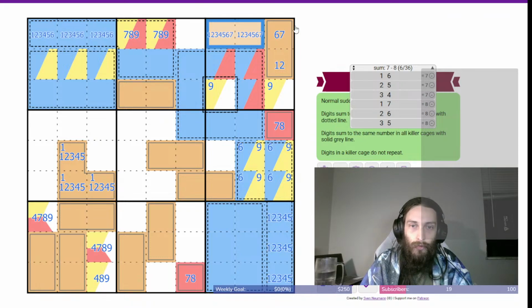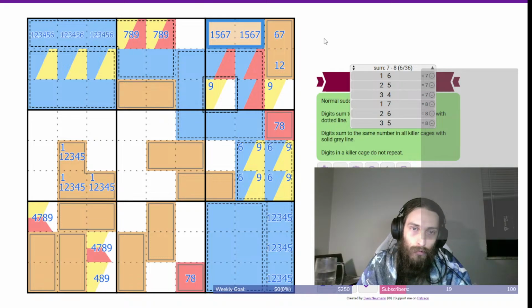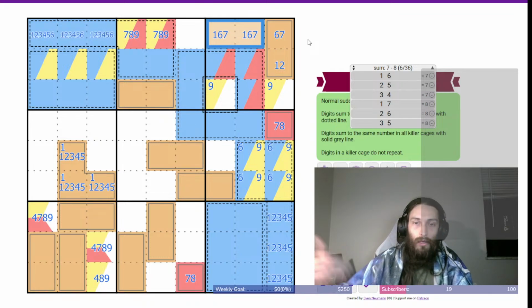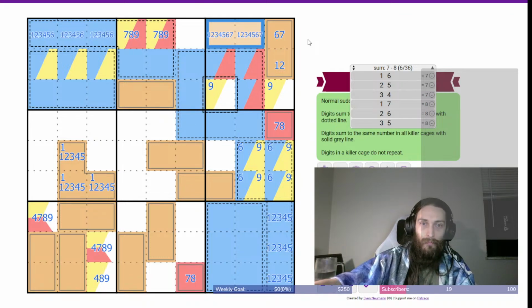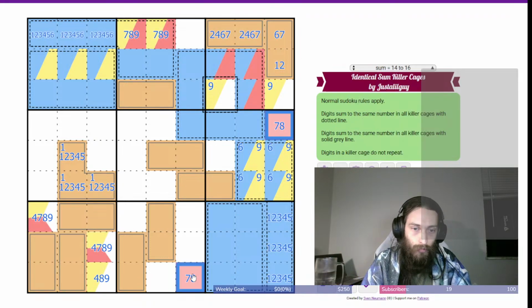So it cannot be 1, 6, and 2, 6 automatically makes this 8. 2, 3, 4, 5 would have nothing to pair with, and we'd have 1, 6, 7, making red 8. And 1, 3, 5 just simply eliminates 7, so red is 8.